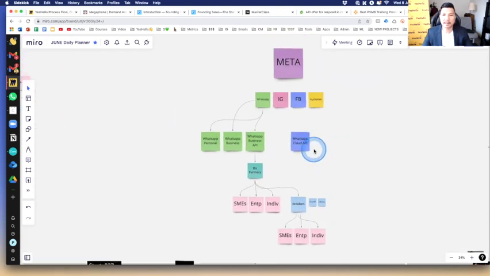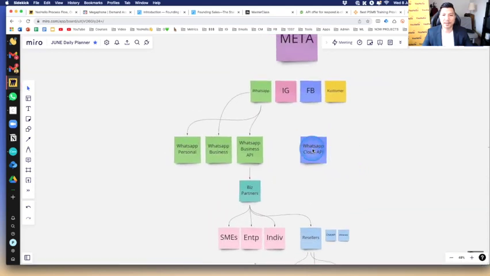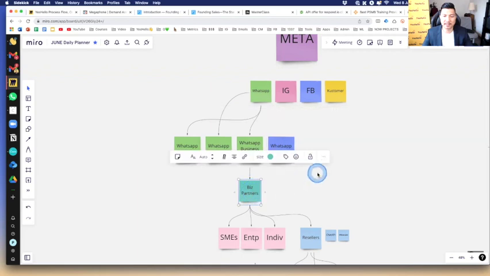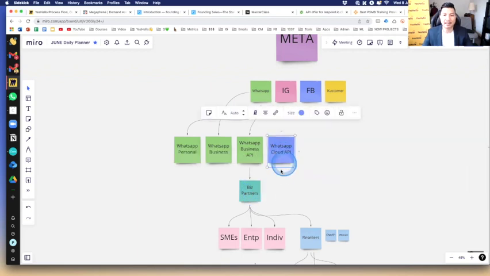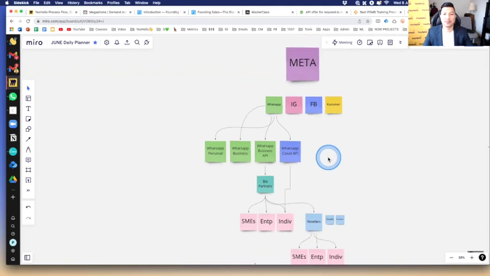So this WhatsApp Cloud API is a product by WhatsApp, but sold directly to consumers, right? So this is their other thing, but this one doesn't go through business partners. Well, they can, but mainly they want to use this to go straight to the individuals. Okay? Yes. So that is now what is happening.